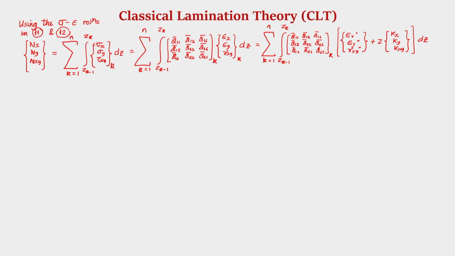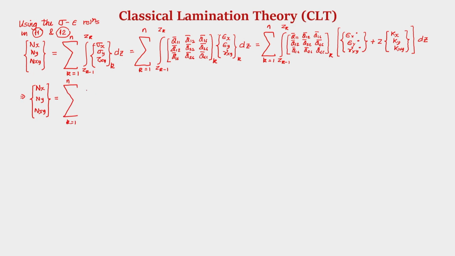Is it clear? So, this we could now break as Nx, Ny, Nxy is equal to k is equal to 1 to n.